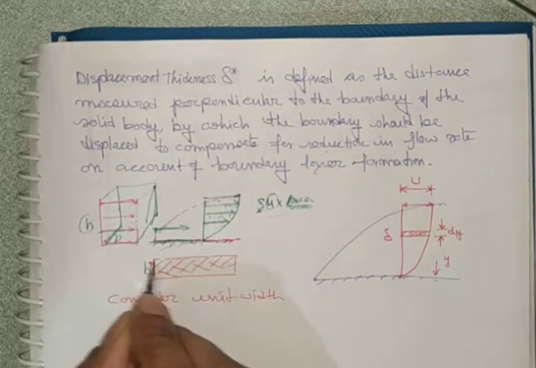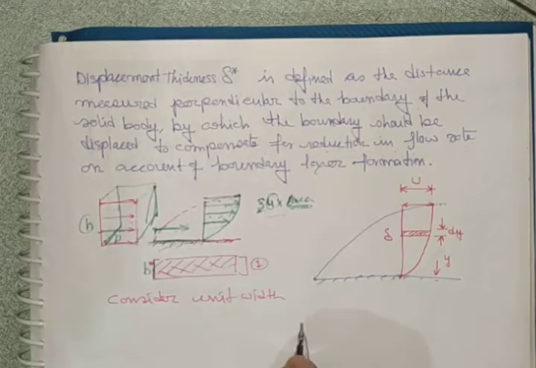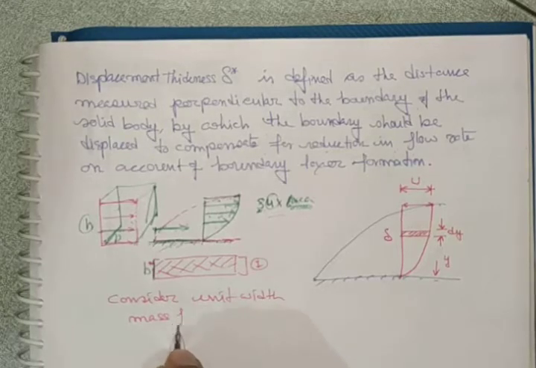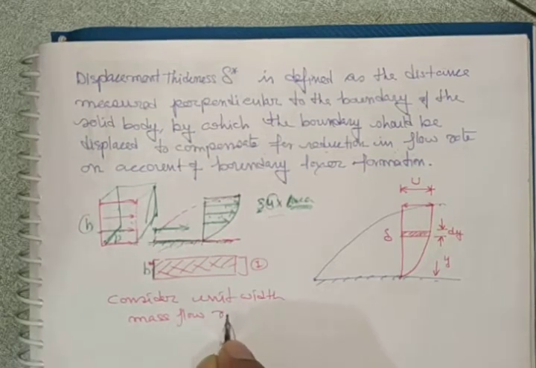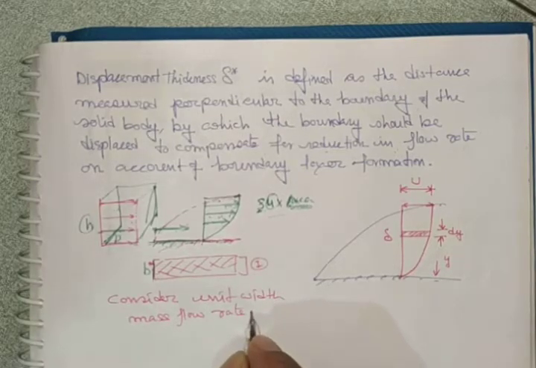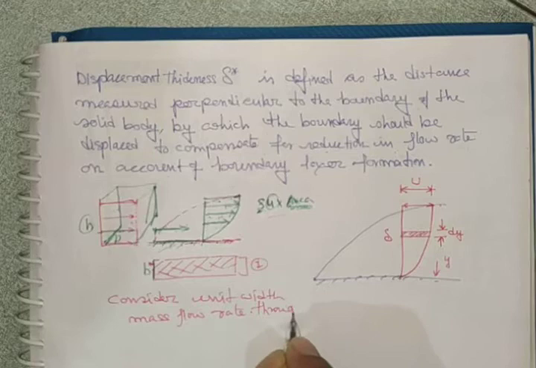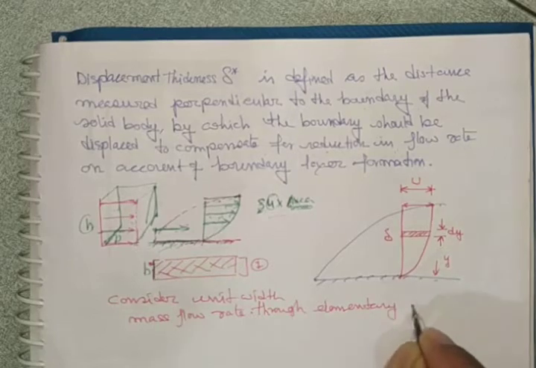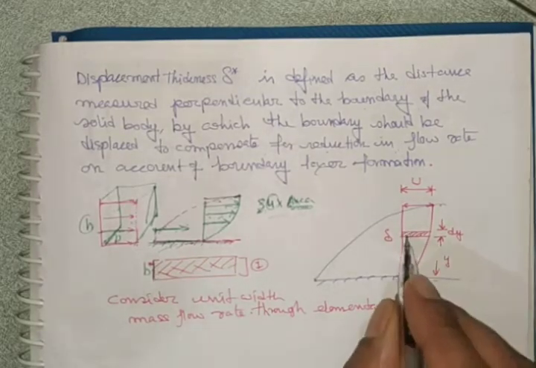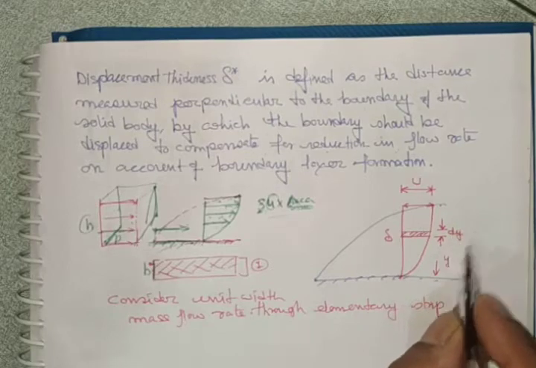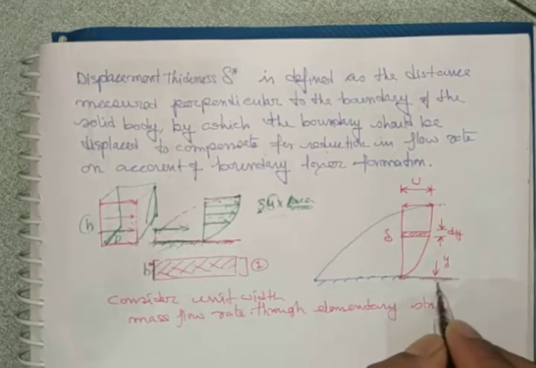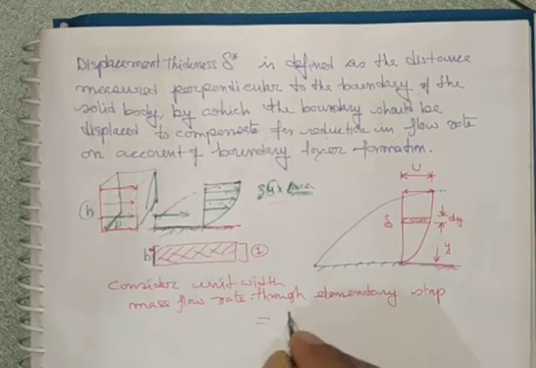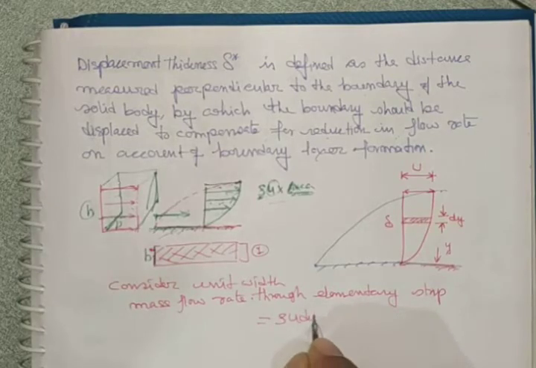Meaning this distance is suppose 1, and the mass flow rate through the elementary strip. So here we consider one elementary strip, thickness dy at a distance y from this boundary. So it will be given by rho u dy, small u.